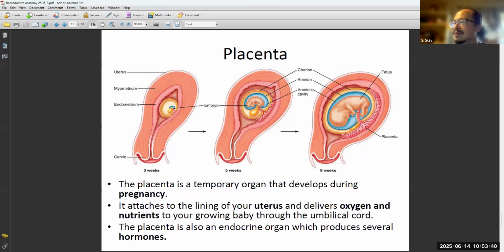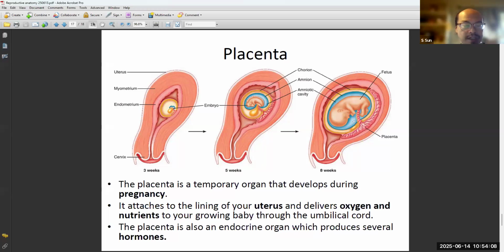So the placenta is a new organ. It's temporary, but it's generated right at the implantation. It's needed for implantation, and it will grow. This new organ mixes cells from the mother and the baby.